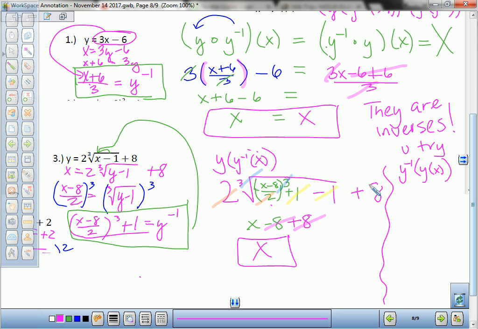Oh, wait. What's the equation? We are recording. This is going to be a fun one to listen to. Are we using number 3? Yeah, number 3.